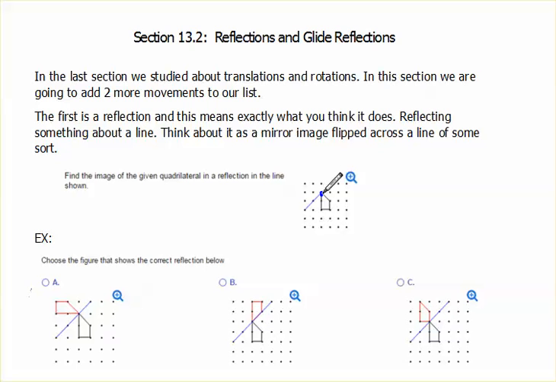If I look diagonal the same distance on the opposite side of the line, I would be here. For this point, I would be here if I flipped it across. For this point, I would be here. And for this point, I would be here. So when I play connect the dots, it looks something like that. So that is what happens when I flip this image across that line. It would be picture A.